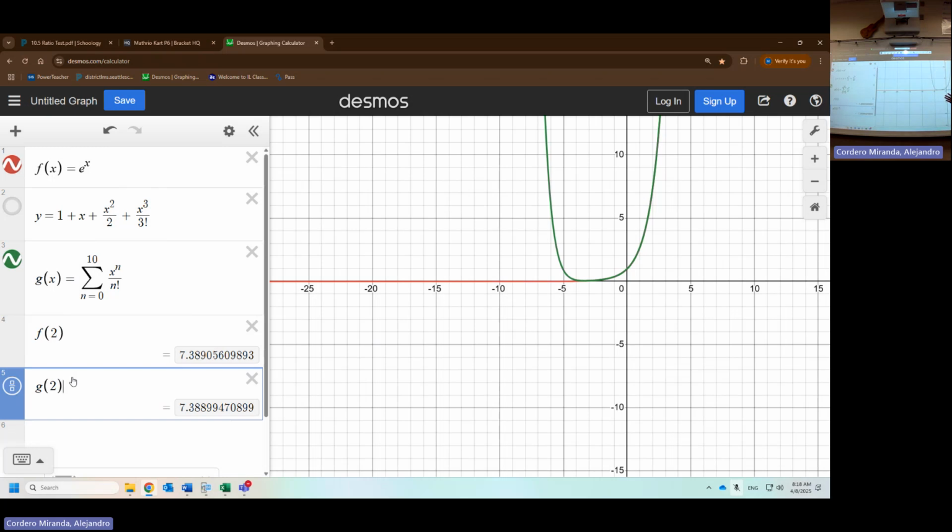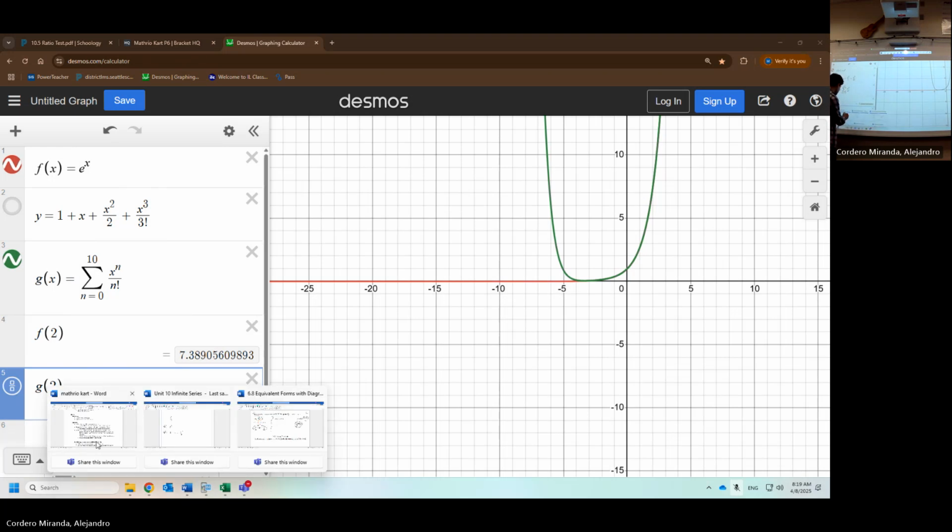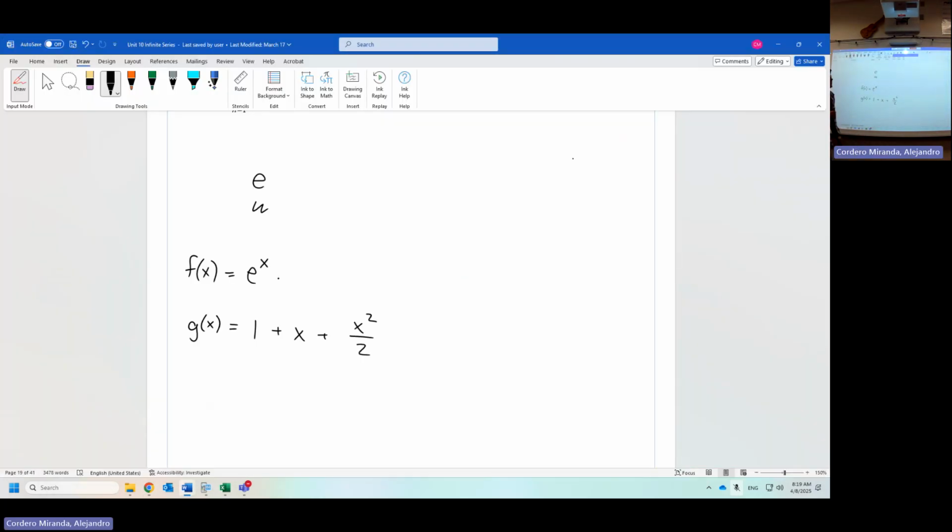And I'm not sure how your calculators exactly work, but what they might do is, instead of approximating e to the x around 0, like we were saying, match it at 0, match the first derivative at 0, match the second at 0, instead of doing that, they might match it at negative 10 instead, and do the polynomial there. So that actually leads us to the first thing on your notes. So let me get out of this and go to here, yeah. Okay.